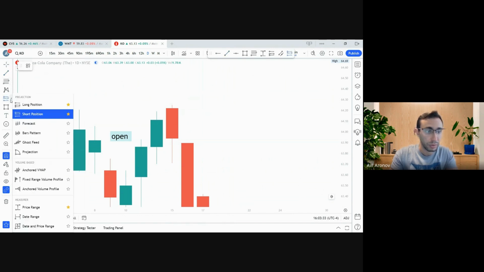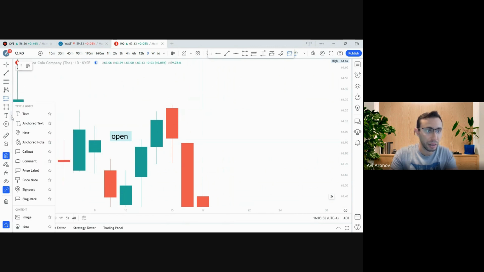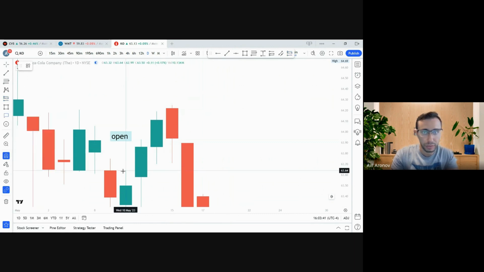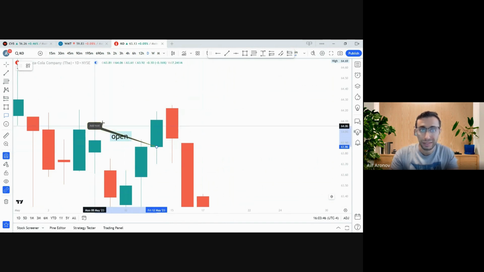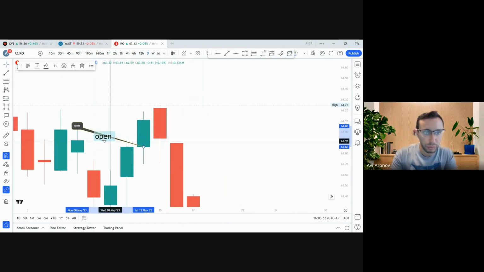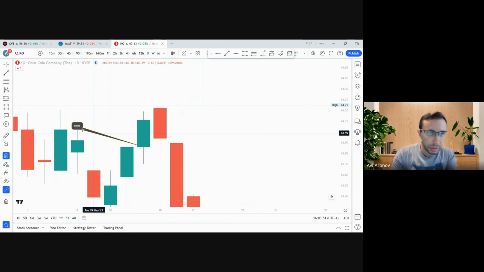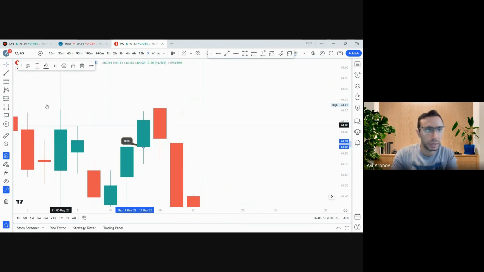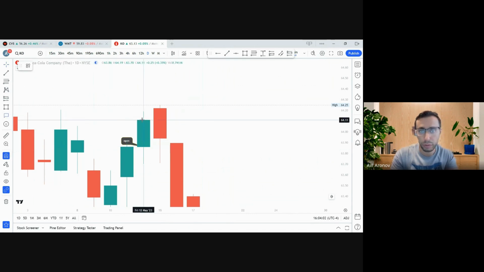So also what you will recognize, there is a lot of different tools within here. Okay, so this is the open for the bullish candle.